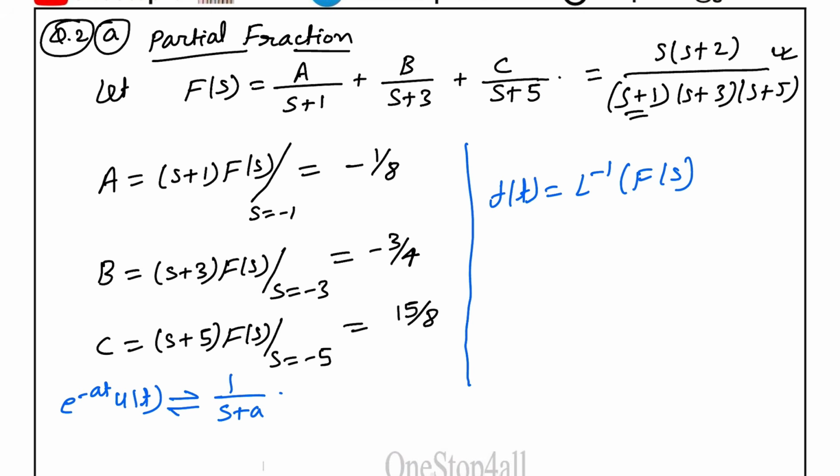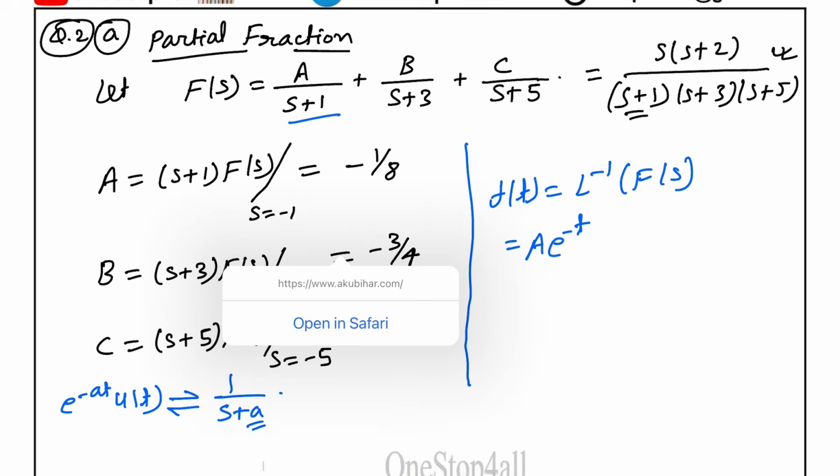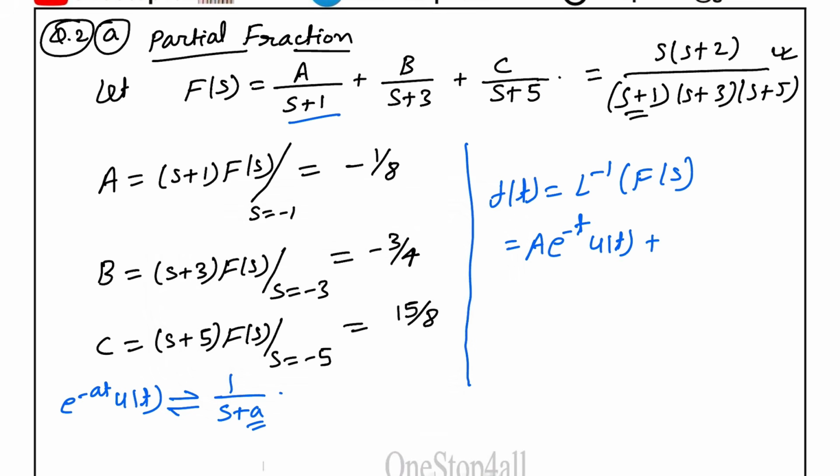As a is constant, we can write: A into e to the power minus t into u(t), since the a value will be 1, plus B into e to the power minus 3t into u(t), plus C into e to the power minus 5t into u(t).